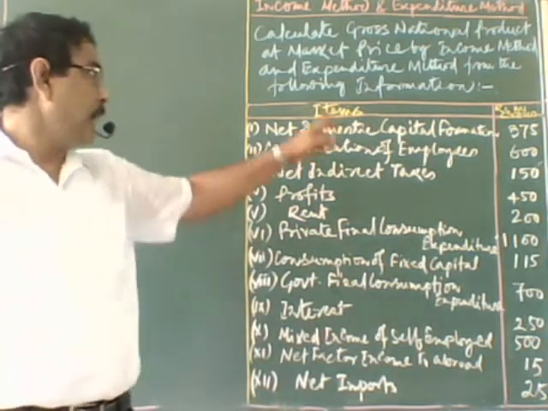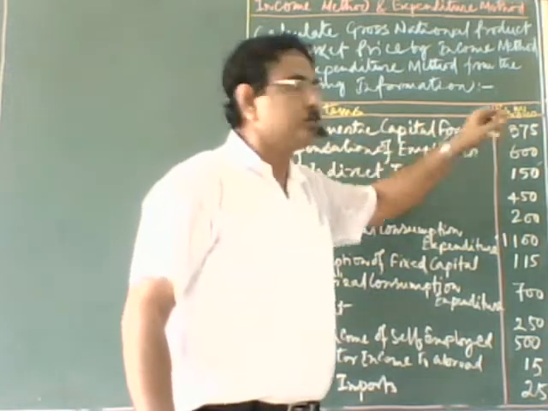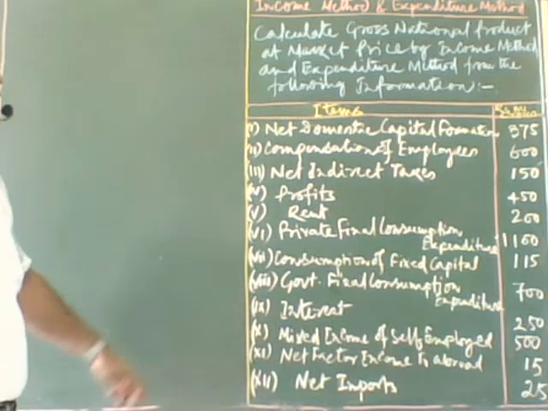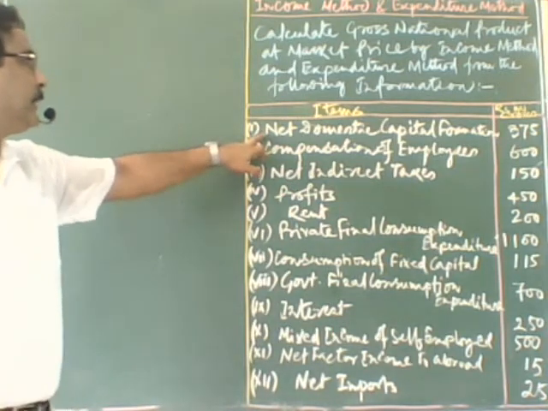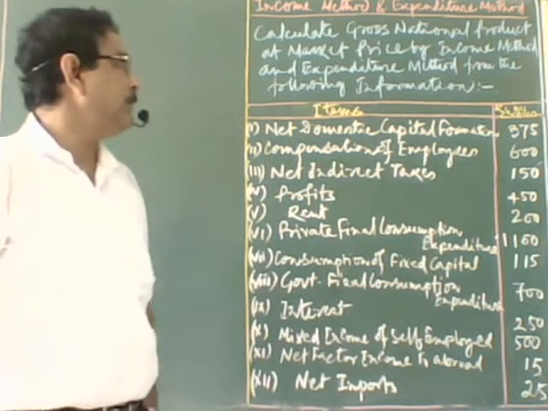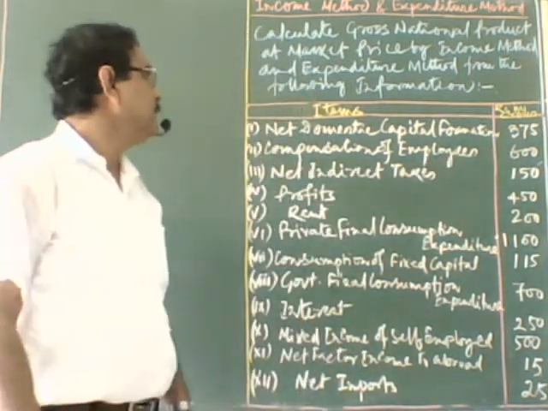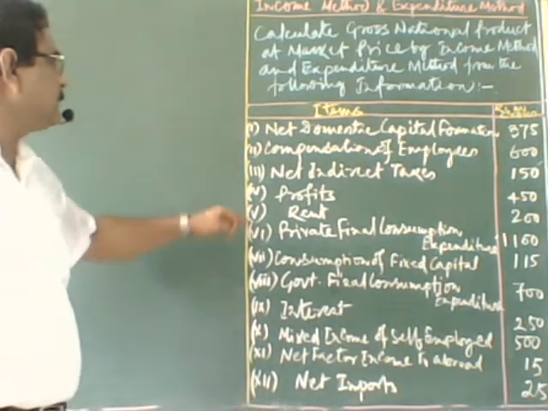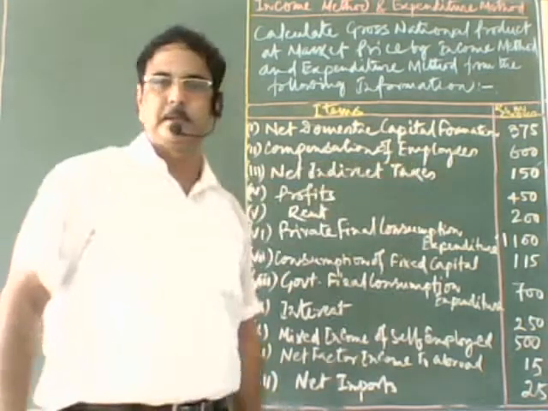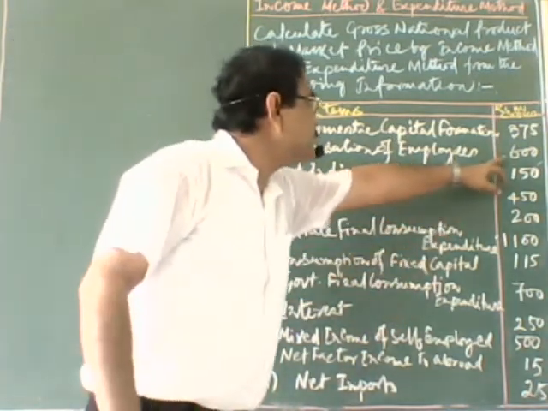The information are the items and rupees in crores. Number one, net domestic capital formation, that value is 375. Number two, compensation of employees, that value is 600.